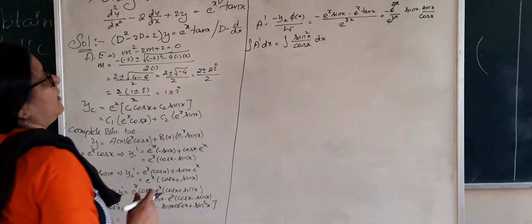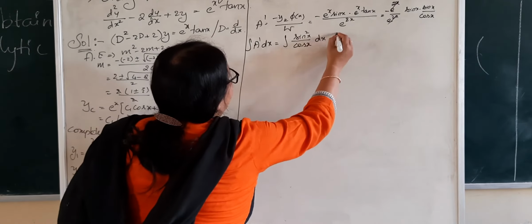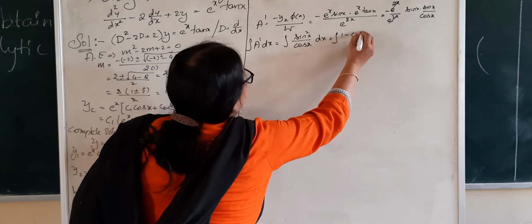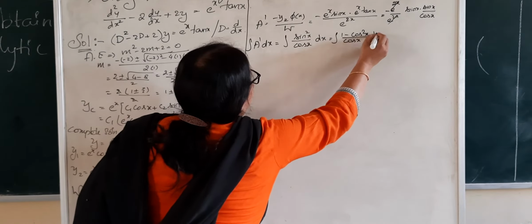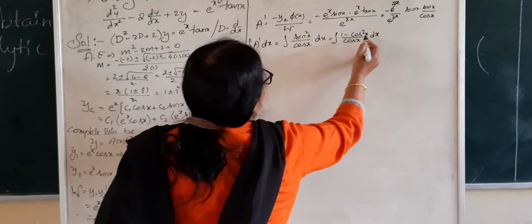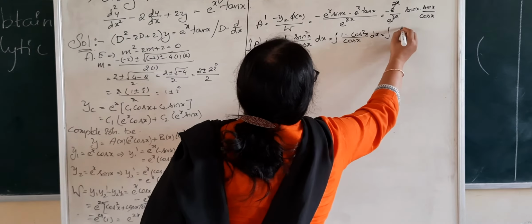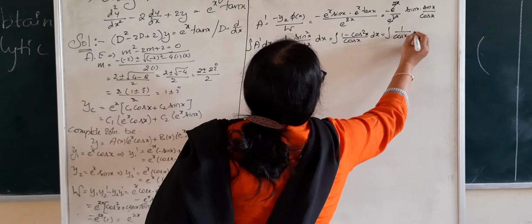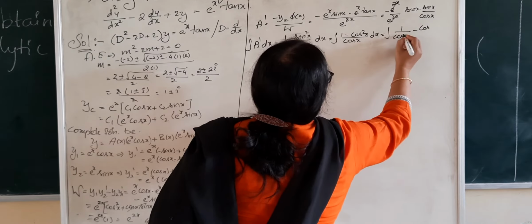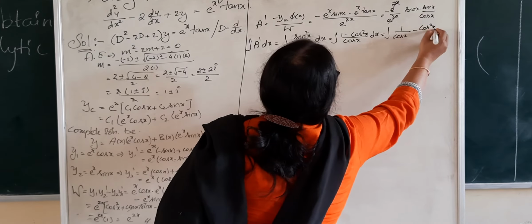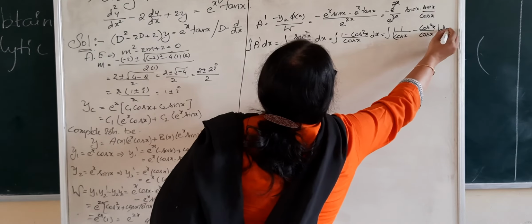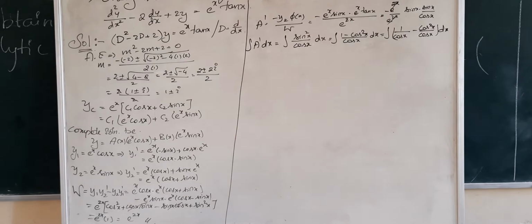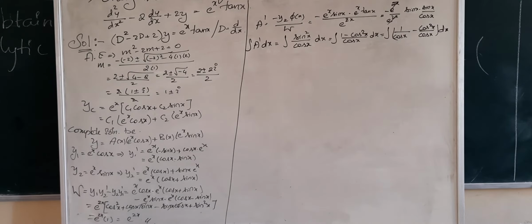We can write this as 1 minus cos square x in the numerator. Now split the fractions. We get 1 by cos x minus cos square x by cos x, dx. Understood? So what is 1 by cos x?